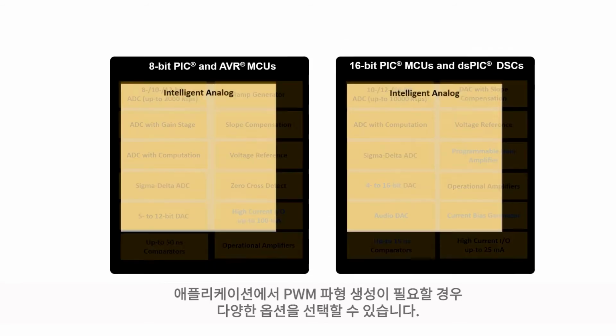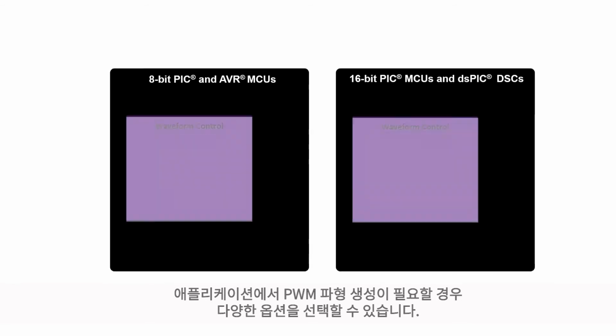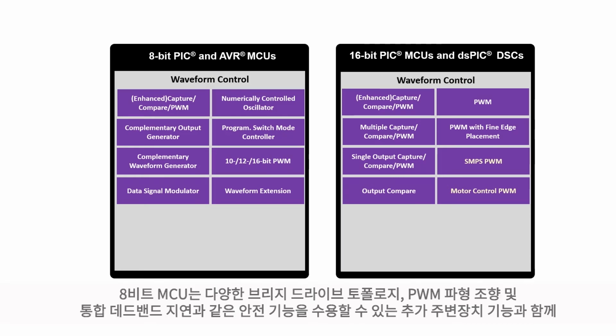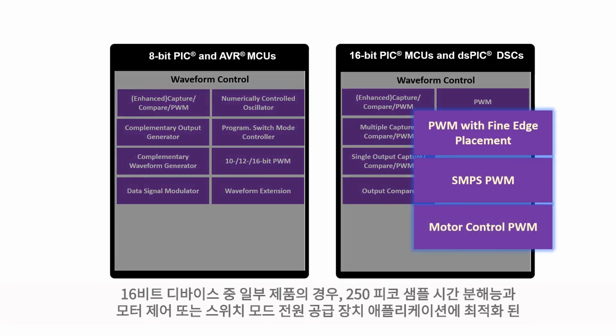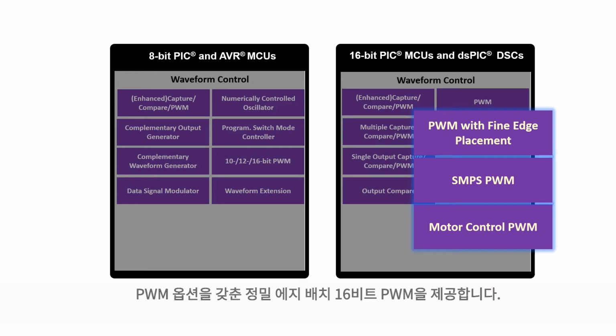Designers requiring PWM waveform generation in their application have many options to choose from. 8-bit microcontrollers provide options for up to 16 bits resolution, with additional peripheral capabilities that accommodate various bridge drive topologies, PWM waveform steering, and safety features like integrated deadband delay. 16-bit devices expand on these capabilities with select products offering fine-edge placement 16-bit PWMs with 250 picosecond time resolution and options for PWMs optimized for motor control or switch mode power supply applications.